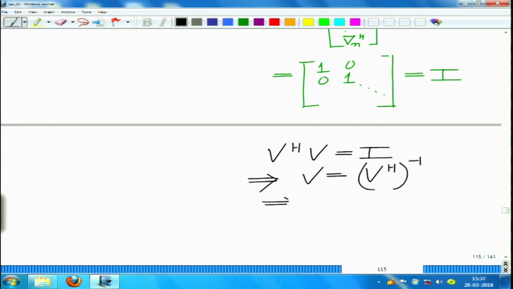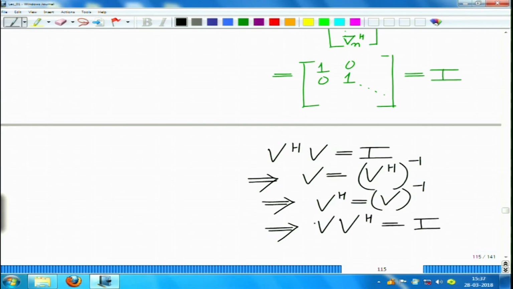This also implies V Hermitian equals V inverse, and since if A is B inverse, AB is identity, BA is also identity, this also implies that V V Hermitian equals identity, since if AB is identity, then BA is also identity for square matrices.